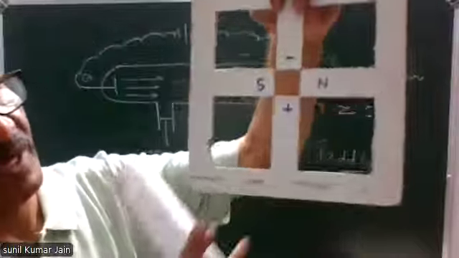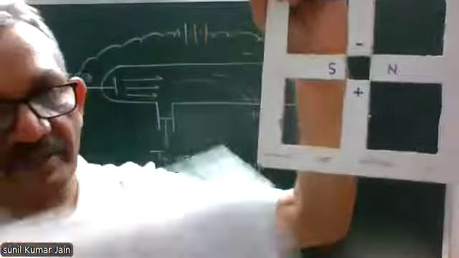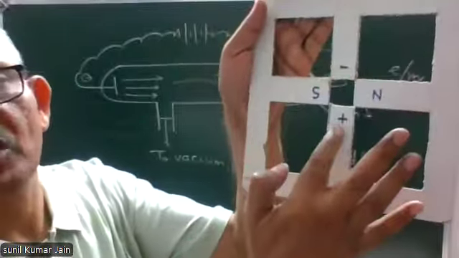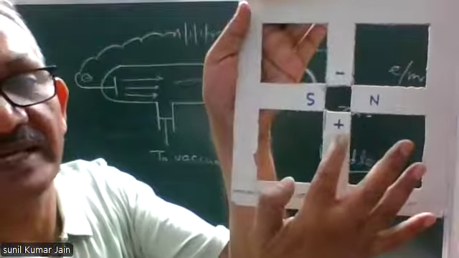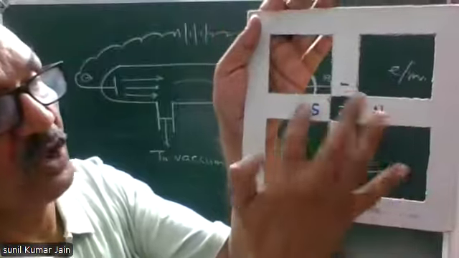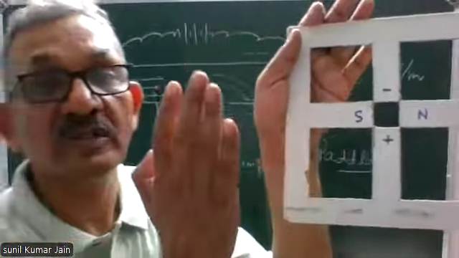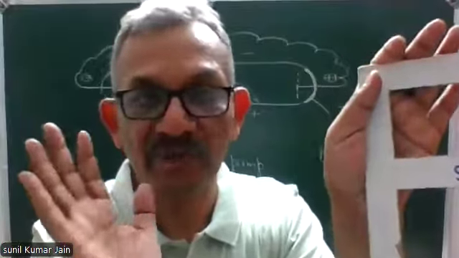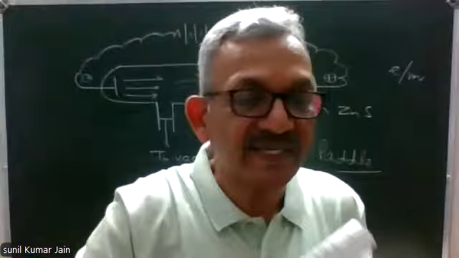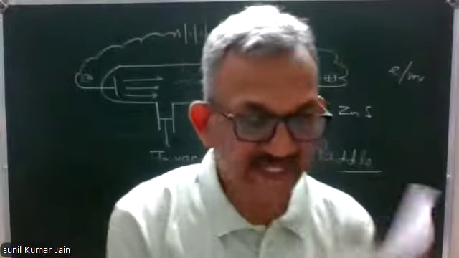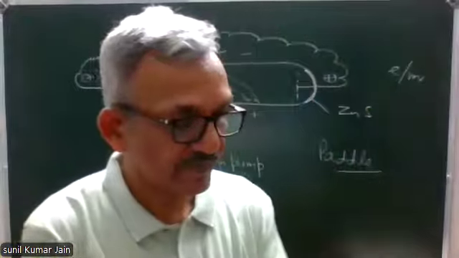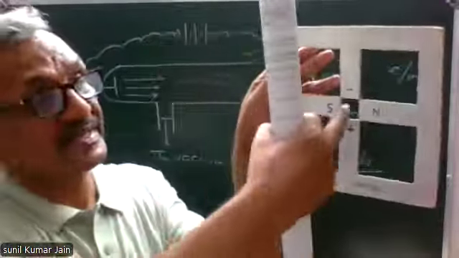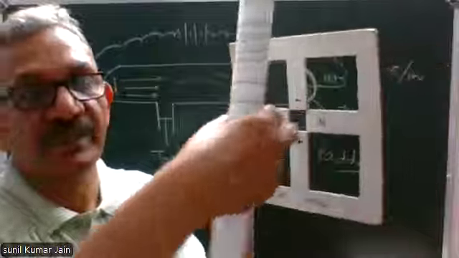Can you see this? Positive and negative mean the positive and negative plates of an electric field. South-north means the south-north poles of a magnet. Let us say this cathode ray tube is inserted in this hole.